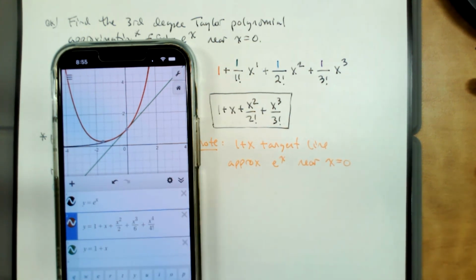And we can just keep adding terms. The more terms we add, the more the polynomial looks like the exponential. That means the polynomial is closer to the function on a wider interval.